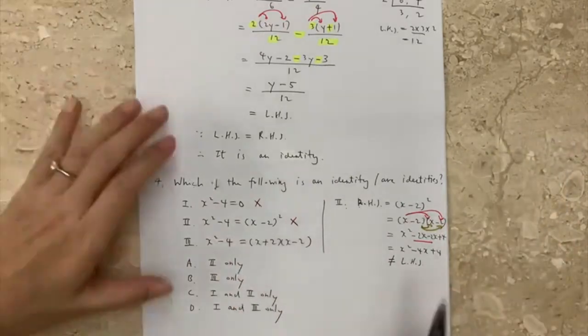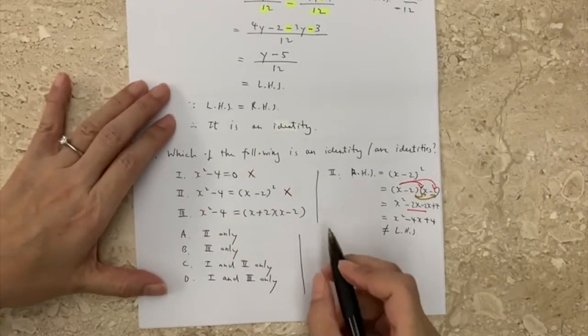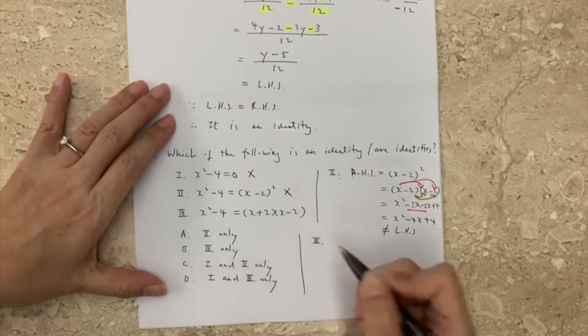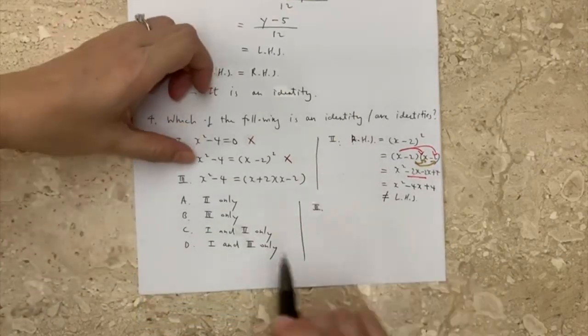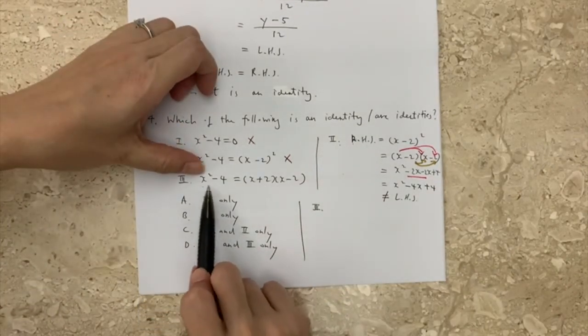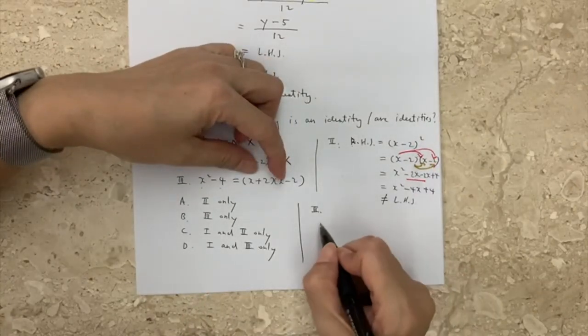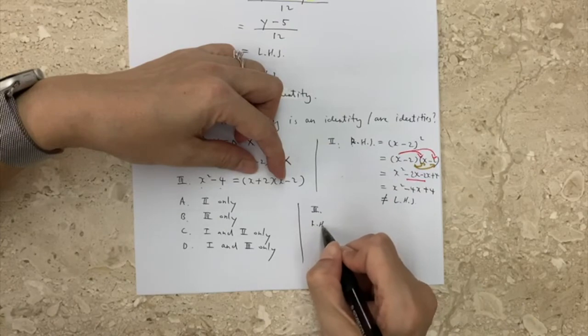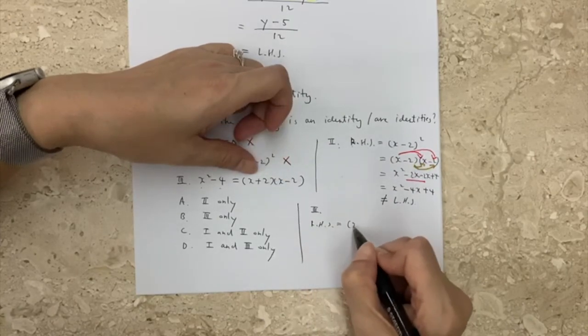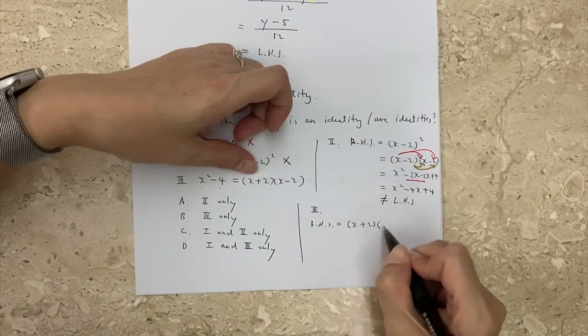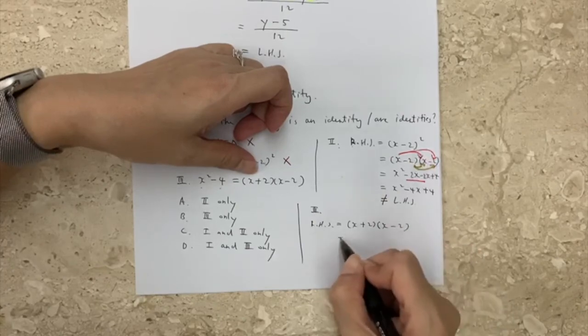Okay, and finally, for part 3 here, we need to prove it. Again this is the left hand side, we don't need to do anything, but we need to simplify the right hand side. On the right hand side, we have (x plus 2) times (x minus 2).